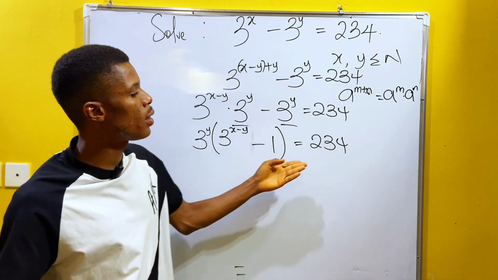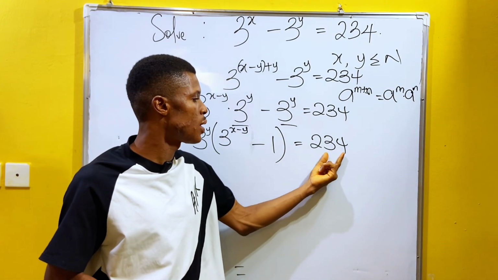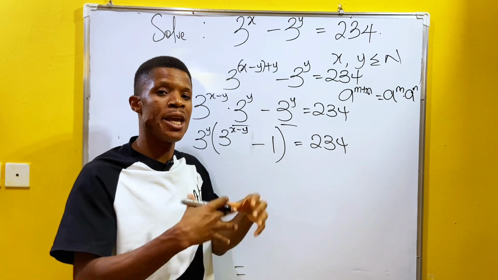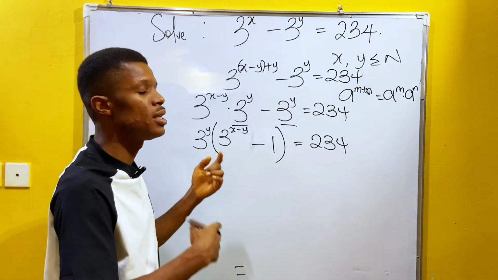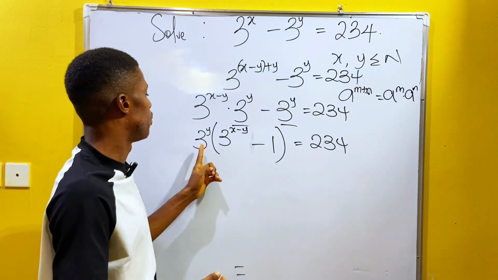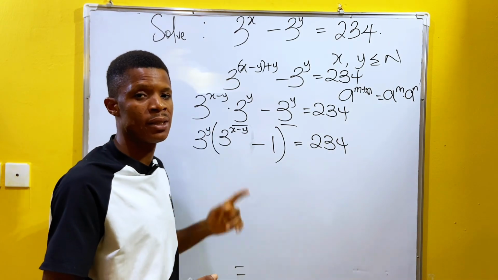So all our work now is just to express this number as a product, but one of the factors must be a power of 3.